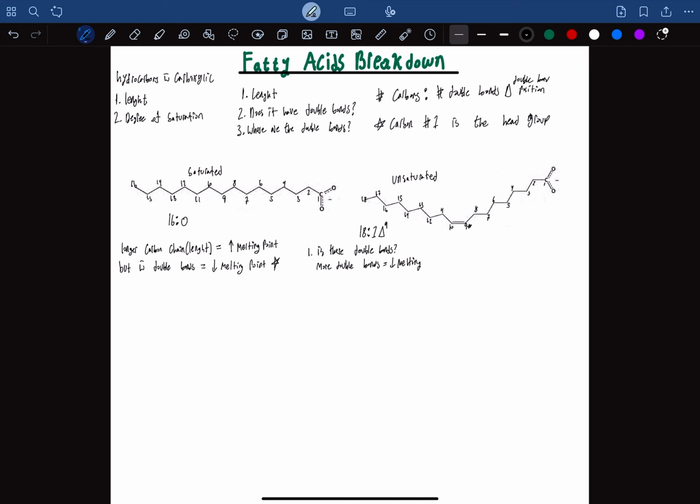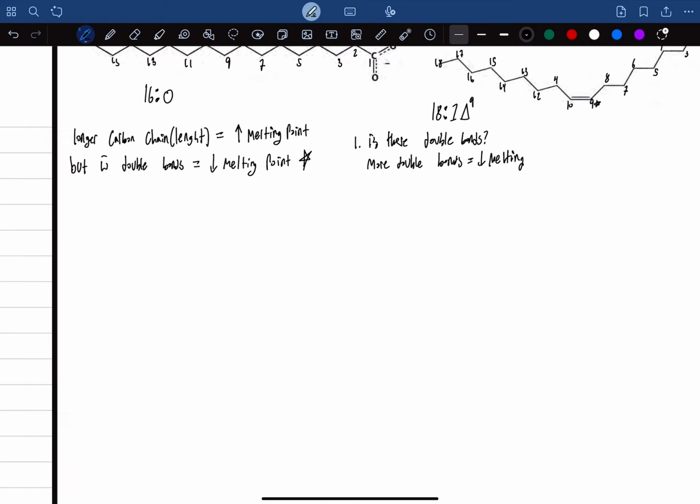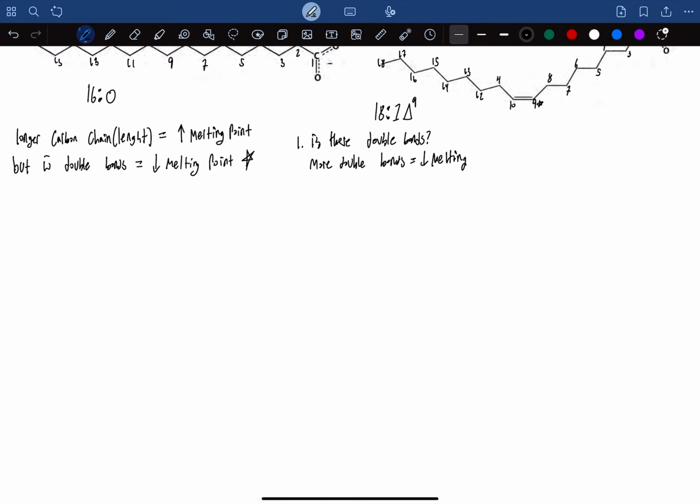So I have a couple examples here. Out of these 4, which one has the highest melting point? So 24:0, 22:0, 26:1, and lastly 24:1.